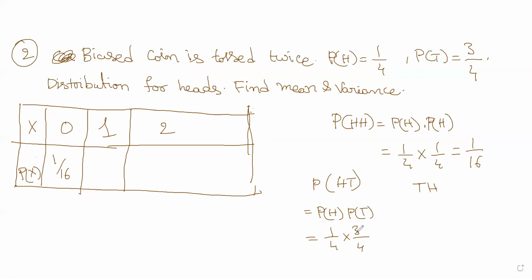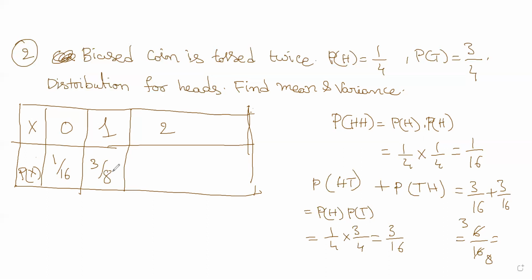It's not half and half, so you have to remember that. So 3/16 here, and P of TH is also 3/16. Got it? These are the two possibilities, so you sum them up. 3/16 plus 3/16 is 6/16, which is 2 3s and 2 8s, so it reduces to 3/8.